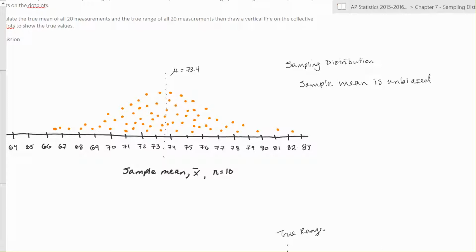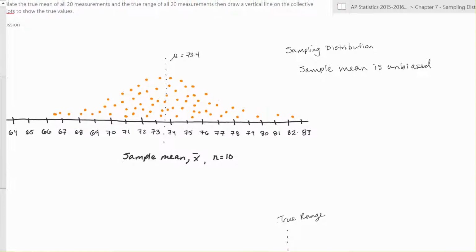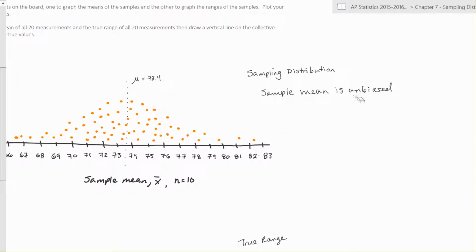There's just as much variability above the true mean as there is below the true mean, and we see a symmetric distribution. Okay? So we're not off in one direction, where our error is not consistently in the same direction. And on average, if we take the mean of all these sample means, we should do a pretty good job of approximating the true mean. Okay? So we would call the sample mean an unbiased estimator of the truth.